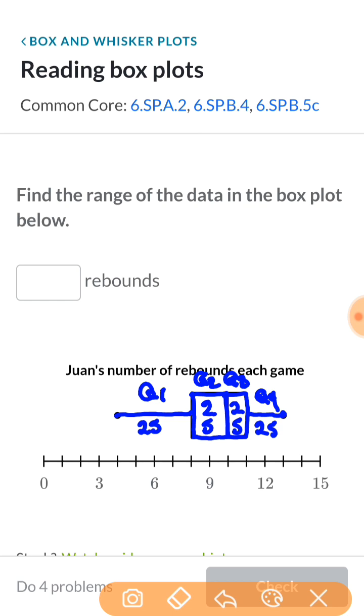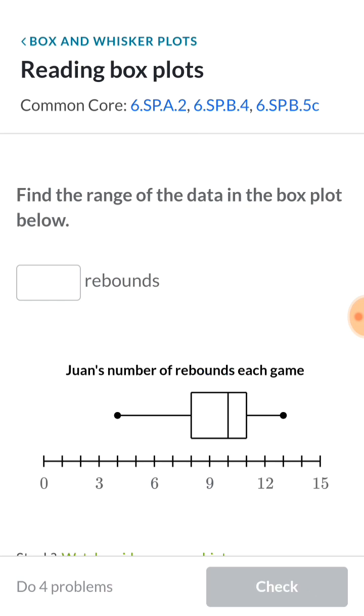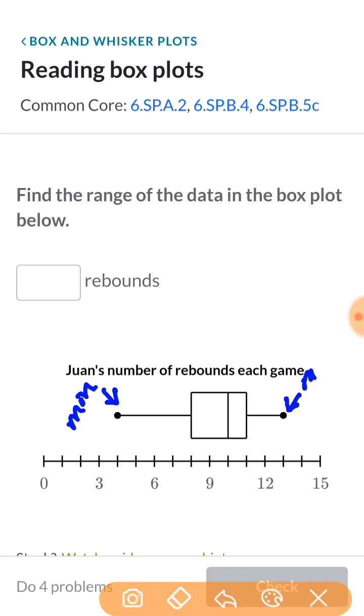Now, there are some other labels that we need to recognize. The easiest thing to recognize is the minimum, which is right here. It's just the smallest point. That's the minimum. And then if the minimum is the lowest point, then the maximum would obviously be the largest point.